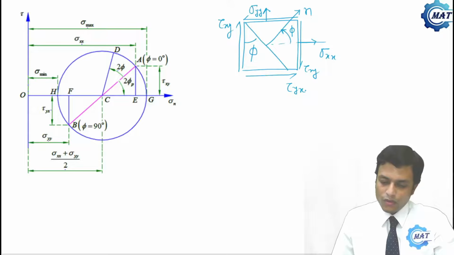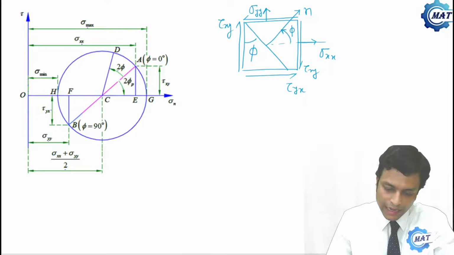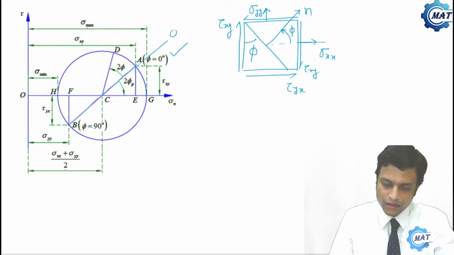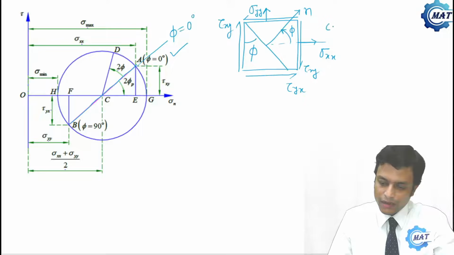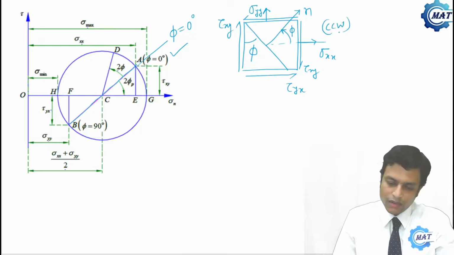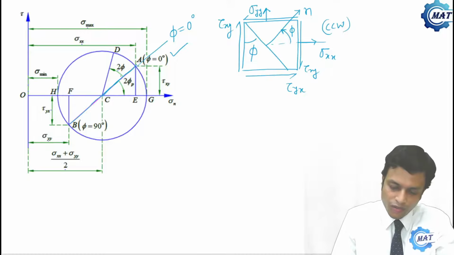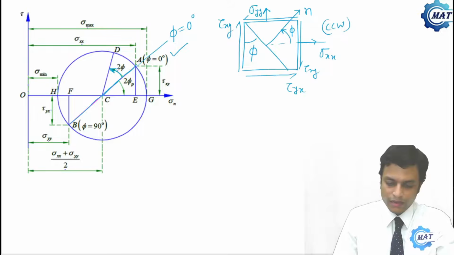So what we will do? Here this line AB represents phi equal to 0 degree. If this rotation is in counterclockwise direction, then we will rotate CA by 2 phi degree in the Mohr circle, and we will plot this point D.